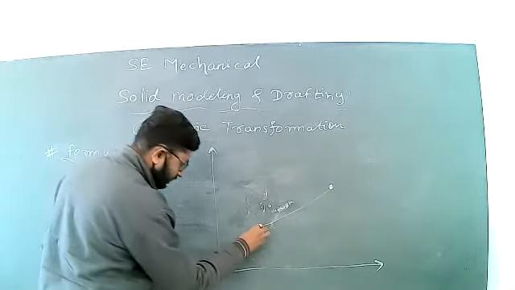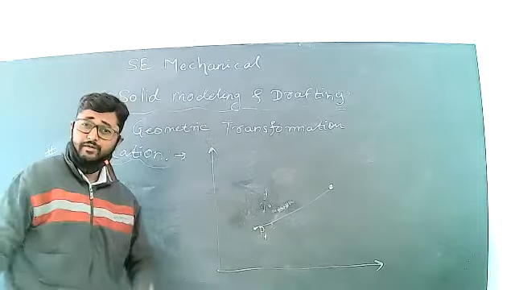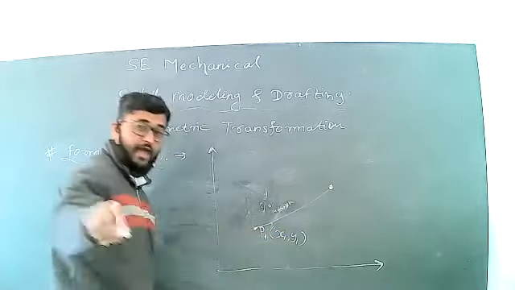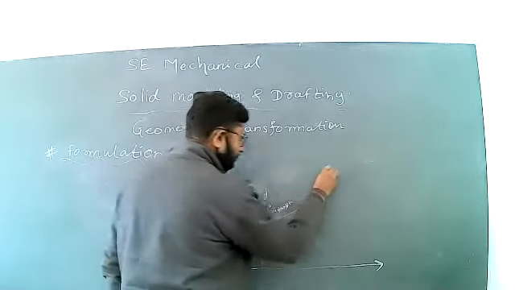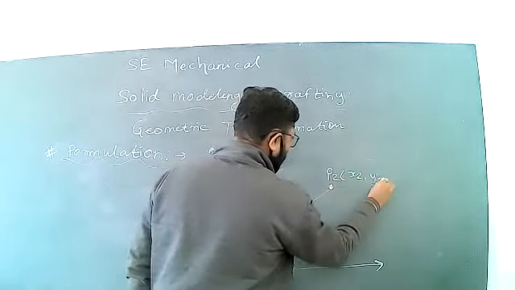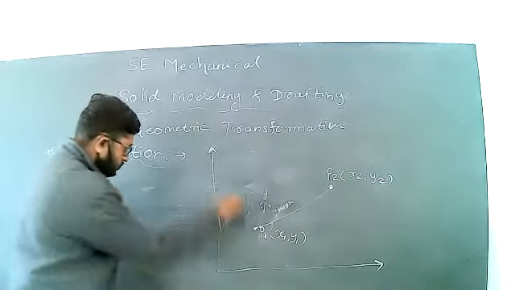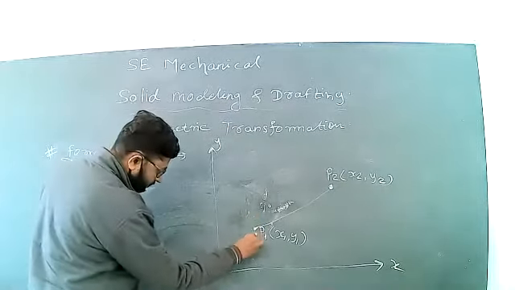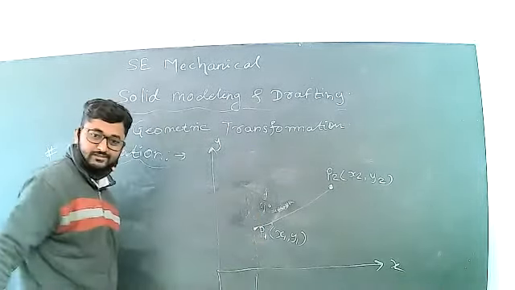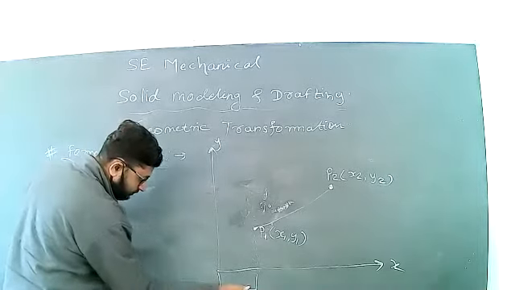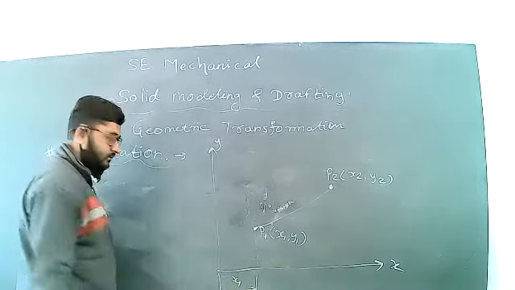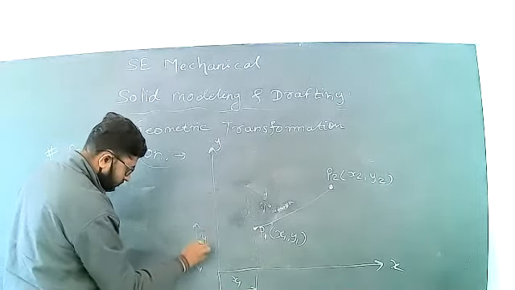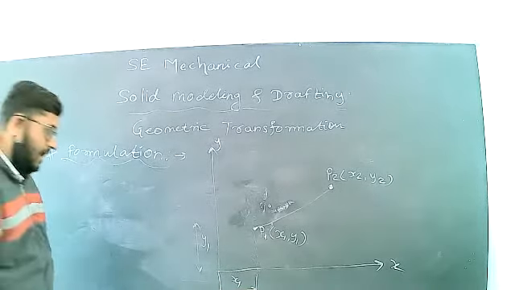This point is P1, having coordinates x1, y1, and P2 having coordinates x2, y2. This horizontal distance is x1 and this vertical distance is y1.